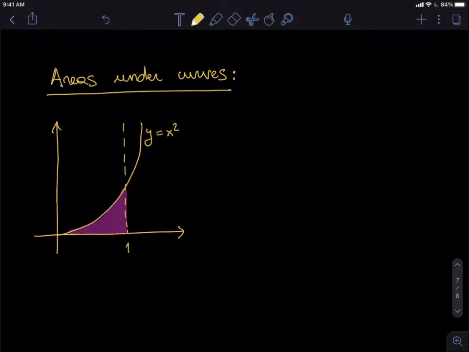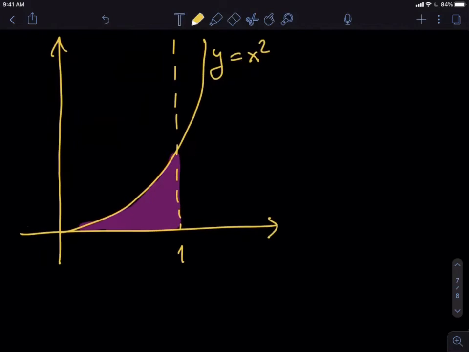The idea, as usual with calculus, is the idea of approximation. So what we are going to do is approximate the area we want to find by a series of rectangles that are under the curve.